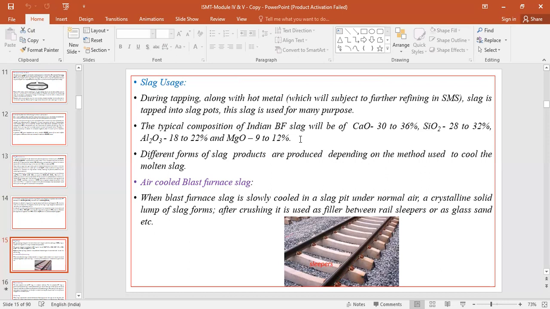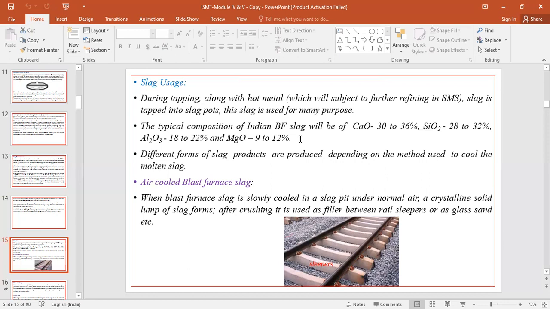Also, automation is being done, where the slag is converted into balls in the blast furnace area.